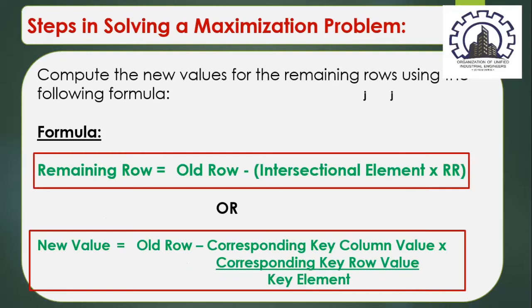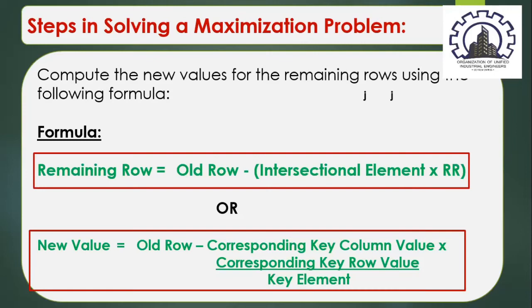In getting the remaining row value, that would be the old row minus the intersectional element multiplied by the replacing row. The other formula that we can use in getting the new value is the old value minus the corresponding key column value multiplied by the corresponding key row value, all over our key element.